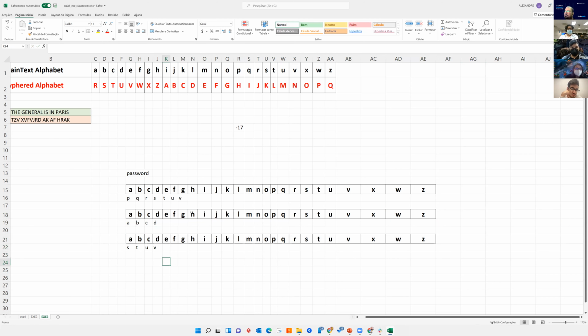What does it mean? Think that I want to translate this sentence here: The general is in Paris, okay? It's the text that you try to translate.